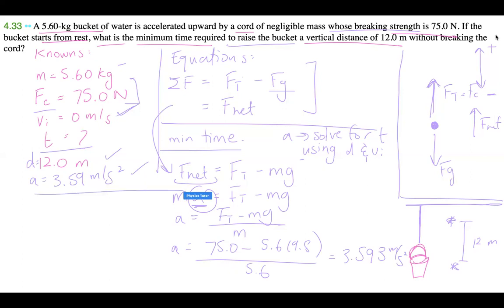Well, using this equation right over here. D is equal to V naught T plus half of AT squared. Remember our equation that we use in almost every single video.